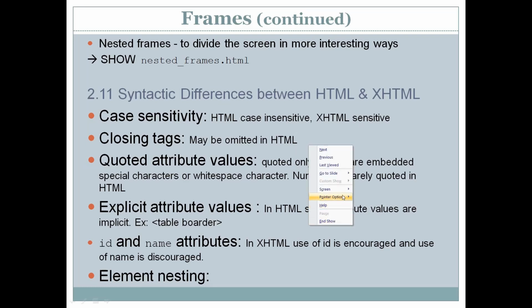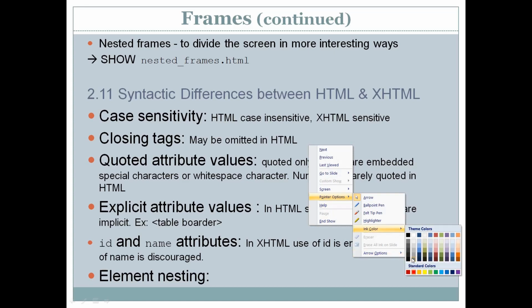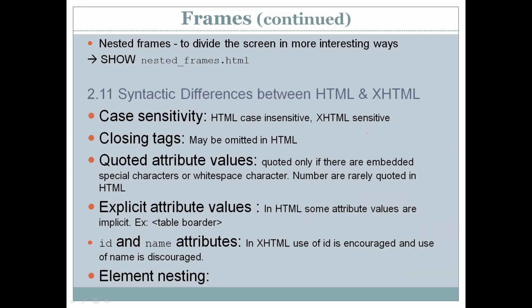For example, we have just now used the anchor tag, and the anchor tag has an attribute href, which is equal to the hyperlink reference or the URL, and that value is always quoted. You can see it is written in double quotes.